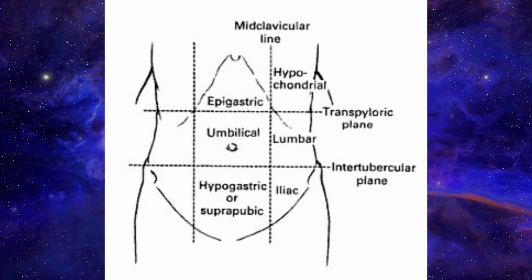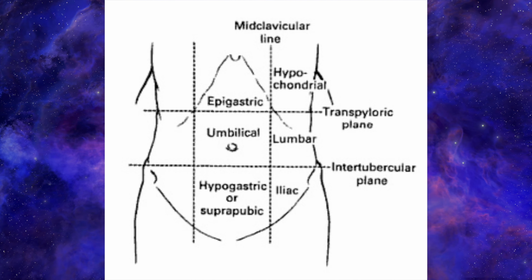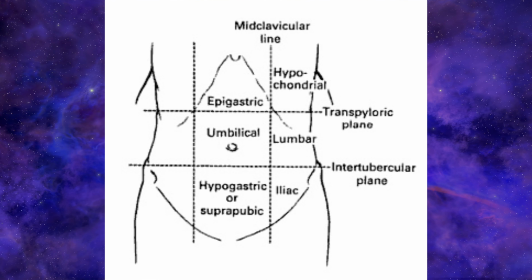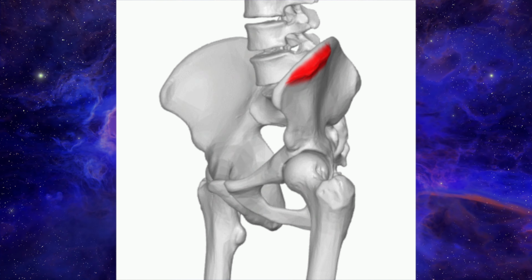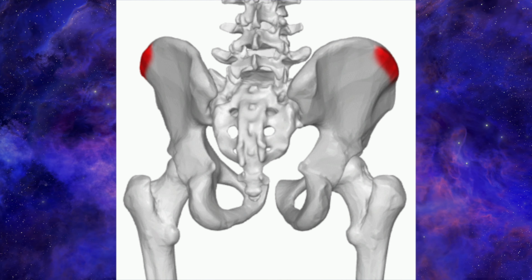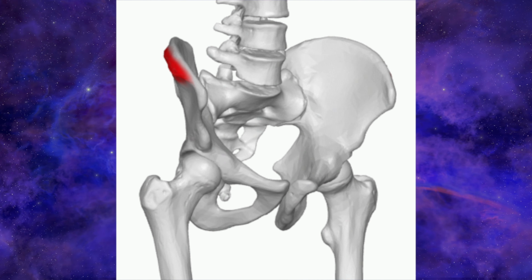The intertubercular plane is essentially the top of the iliac crests, the tubercles of the iliac crests. If you draw a line connecting those 2 horizontally, then that's the intertubercular plane, and that's the inferior horizontal line.